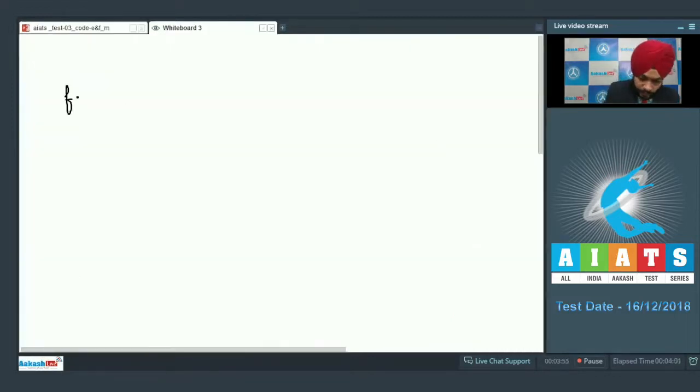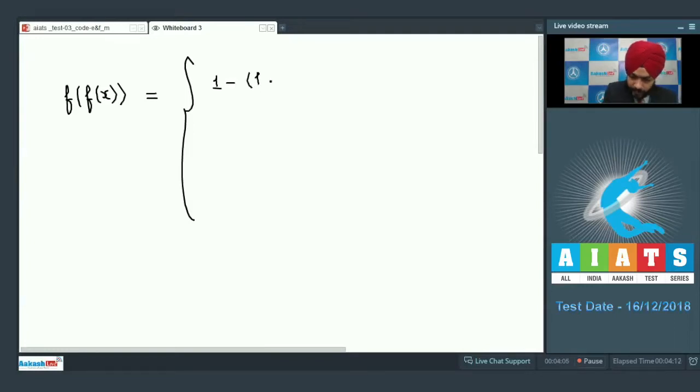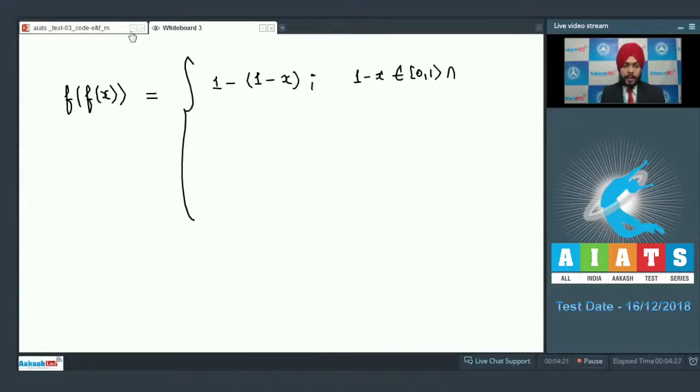F of f(x), the first possibility is 1 minus 1 minus x. So you have two conditions. First condition is that 1 minus x should belong to this interval 0 to 1. Intersection. When f(x) is equal to 1 minus x, when x belongs to 0 to 1. So again, x belongs to 0 to 1.